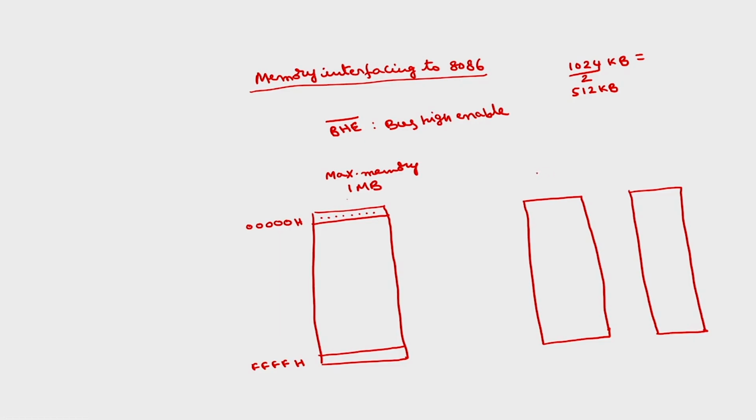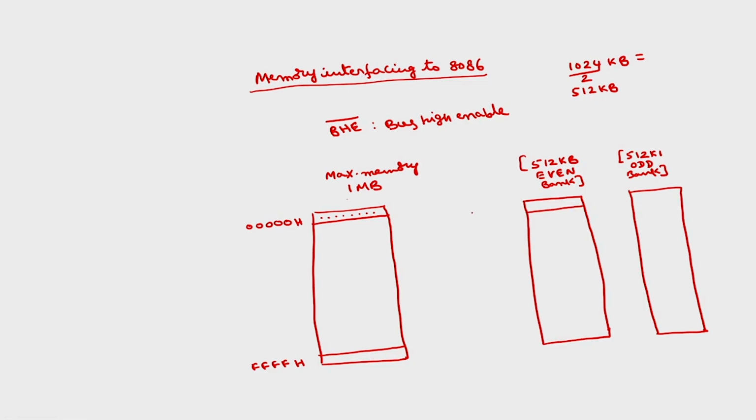This is the even bank, 512 kilobytes. We can call this one the even bank. This is the 512 kilobytes odd bank. All the even addresses will be present here.